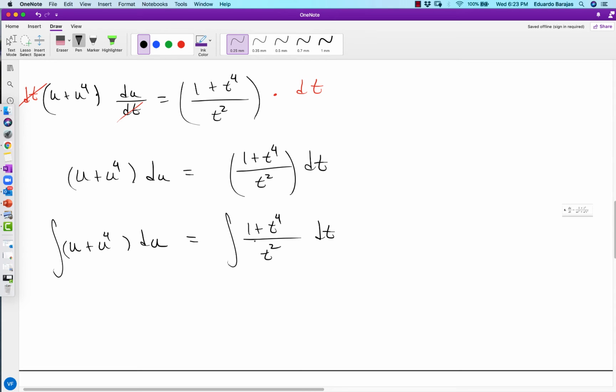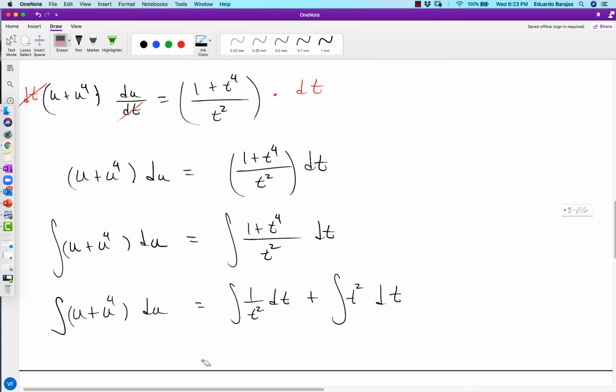This I'm going to separate into two separate ones. So this will be integral of u plus u to the fourth power du. And this is going to be the integral of 1 over t squared dt plus the integral of, and then they reduce to give me just t squared dt.